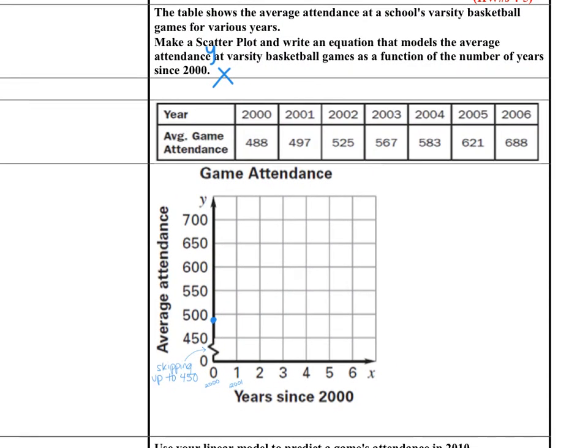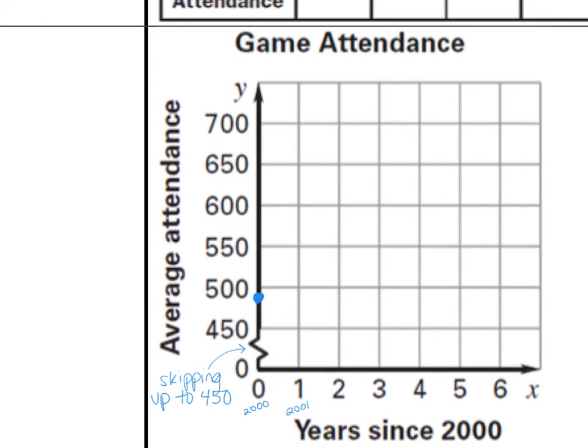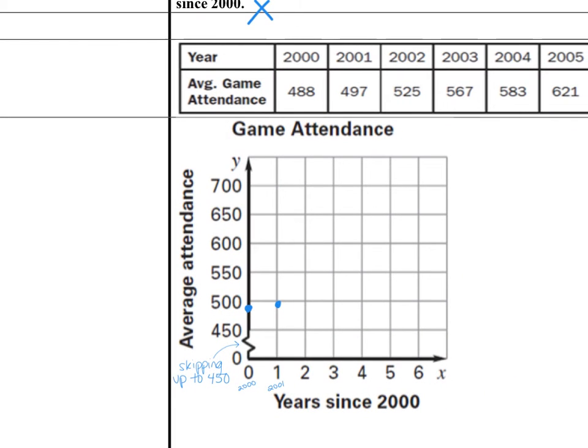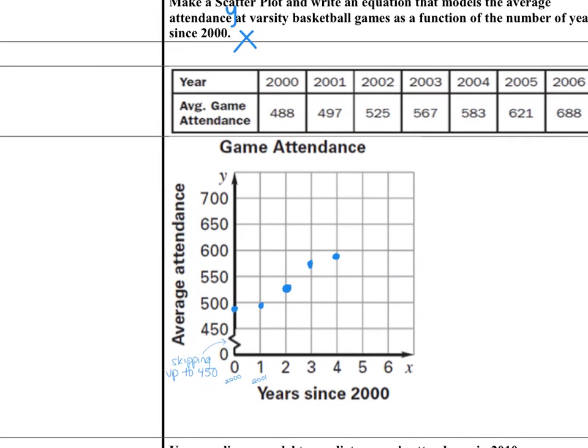Looks like you've got 7 points to graph. It should not make a straight line. Not perfectly straight anyways.